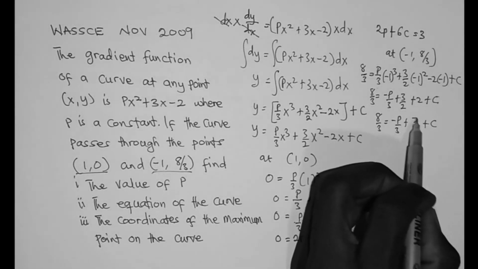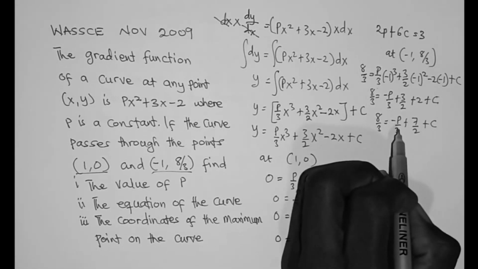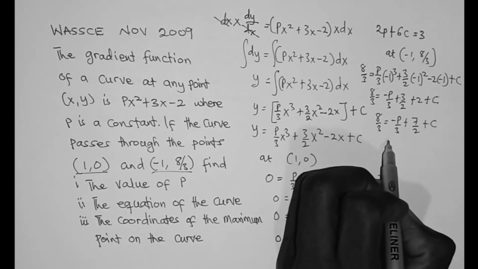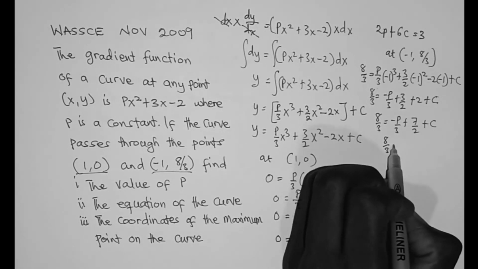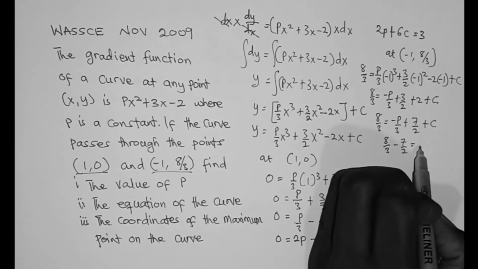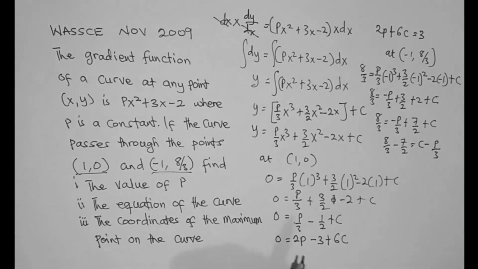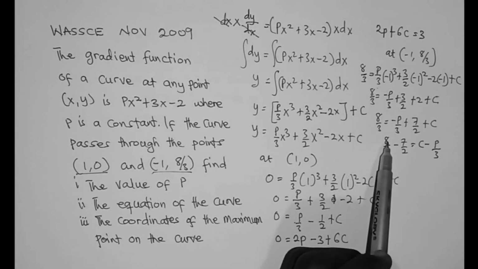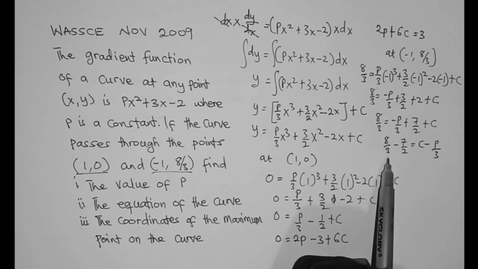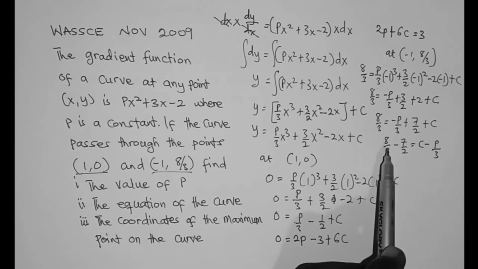So I want to bring 7 over 2 across the equal sign. So it becomes 8 over 3 minus 7 over 2 is equal to c minus p over 3. I want to multiply the fraction 8 over 3 by 2 over 2.